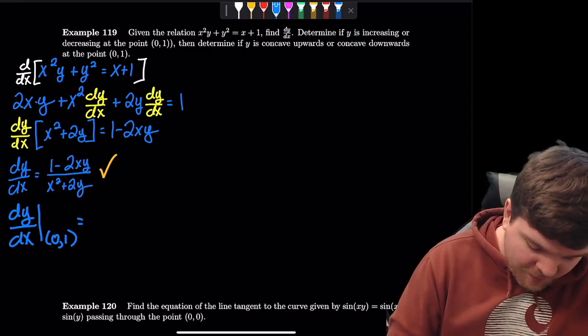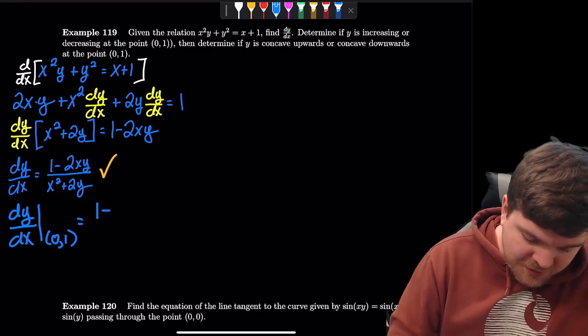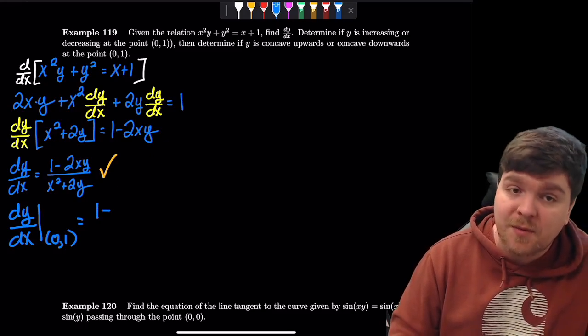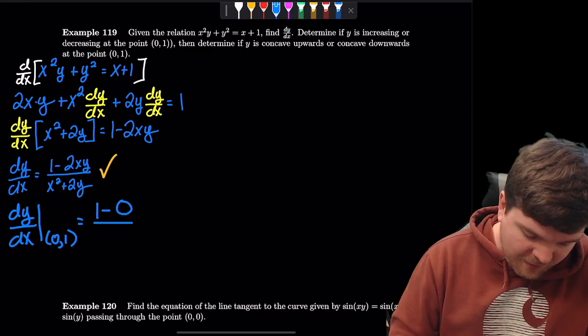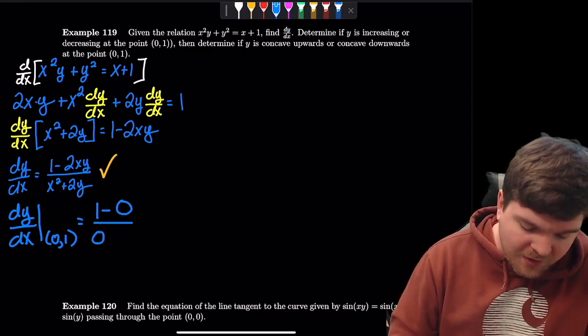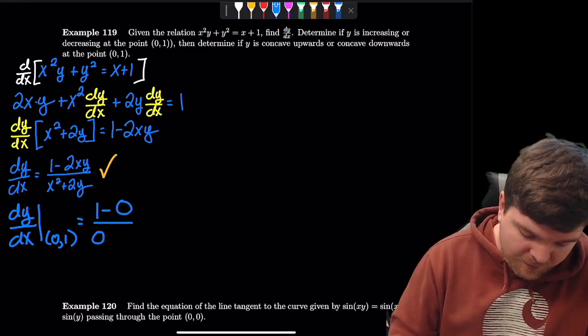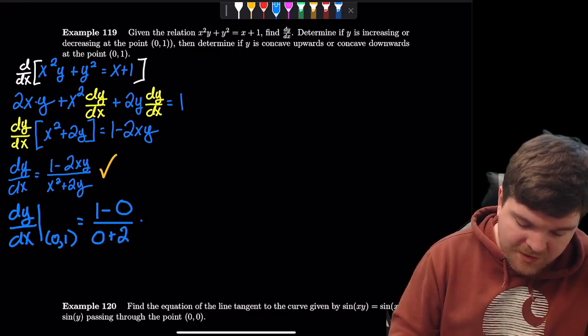So that's going to give me 1 minus 2 times 0 times 1, which is just minus 0. Then in my denominator, we're going to have 0 plus 2 times 1, which is just 2. So what we're left with is 1/2.